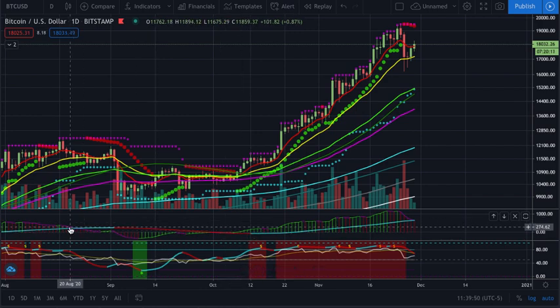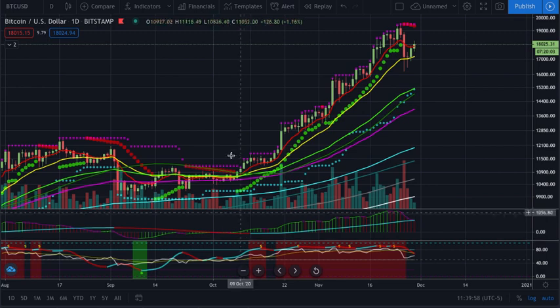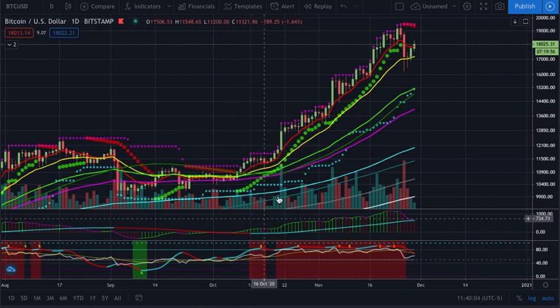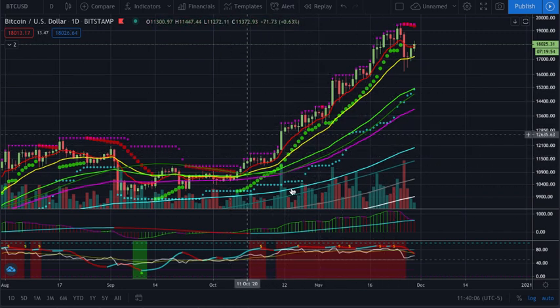If the histogram moves below it for long enough, it's going to flip back over to red. And what's that tell you? We're in a strong trending move to the downside. But essentially it's telling you the same thing. It's the moving average convergence divergence. It's telling you the same thing that these moving averages are telling you right here, but it's telling you, are they converging, moving closer to each other, as in losing momentum in that direction?